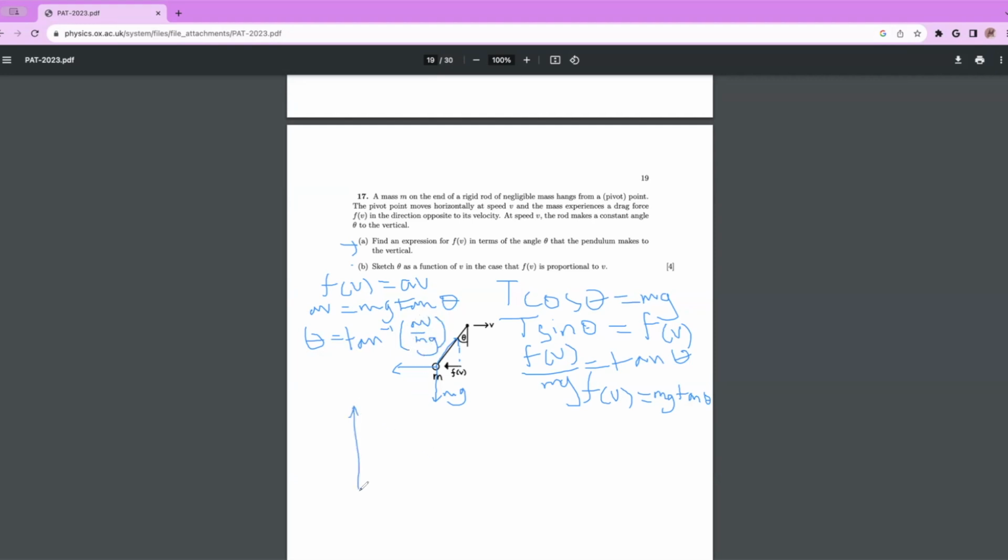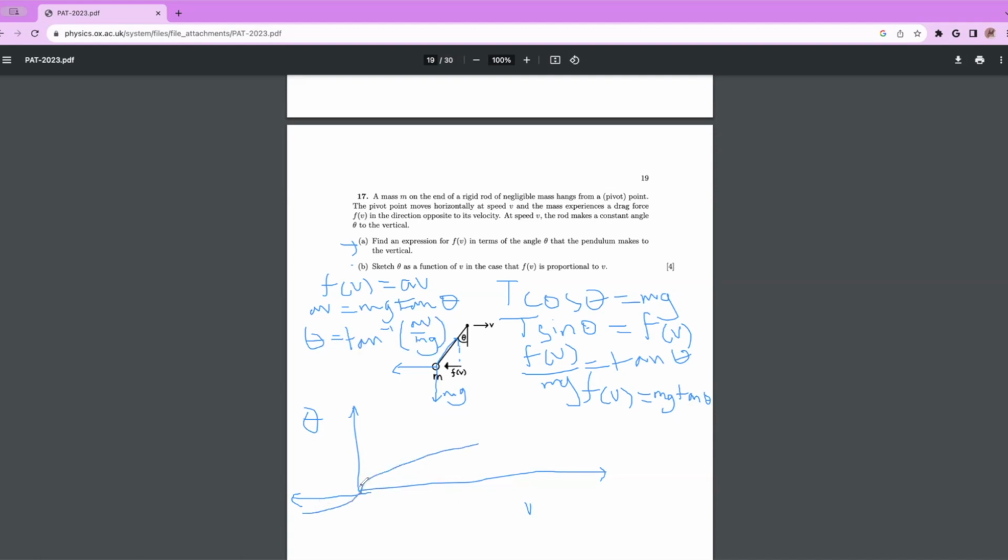So if we're actually drawing, we are drawing theta as a function of v, right? Yes. So if we have theta here and v here, this will be the arctangent graph. So arctangent, which way does it go? It goes this way, I think.